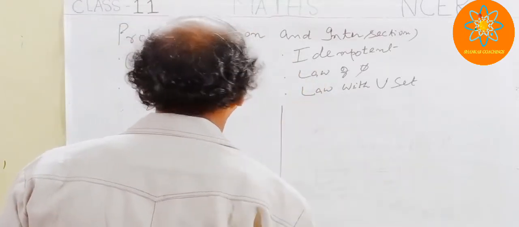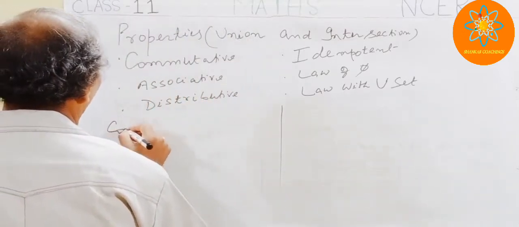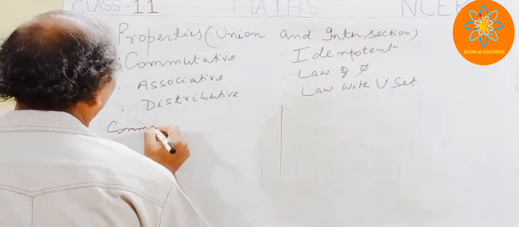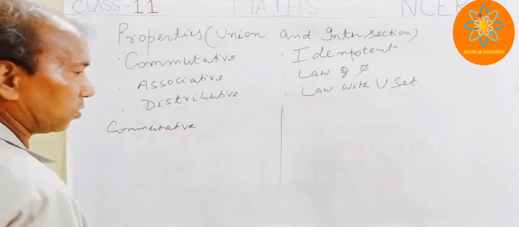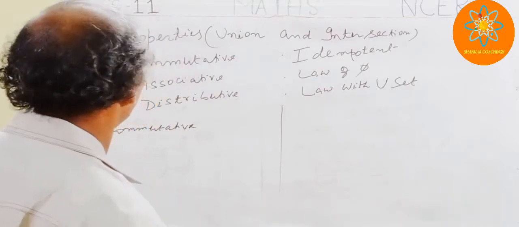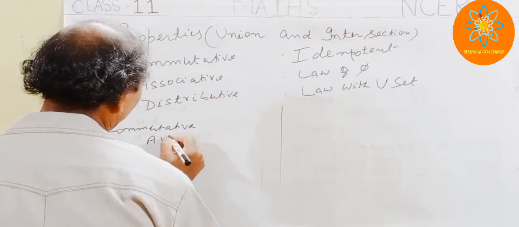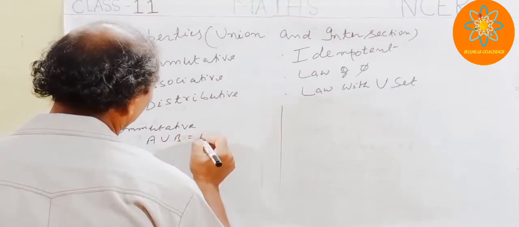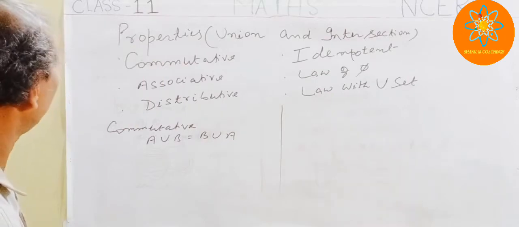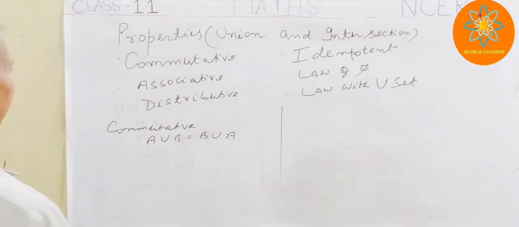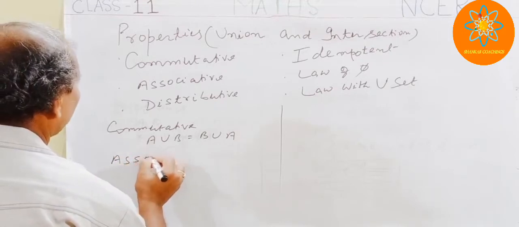The first property is commutative. Suppose two sets are given, then the commutative property indicates that A union B is equal to B union A. Then the next property is the associative property.